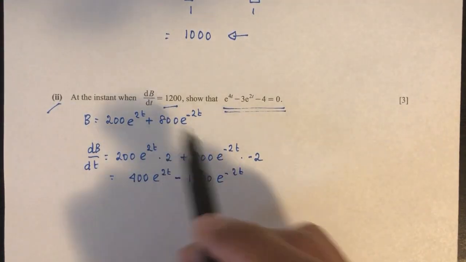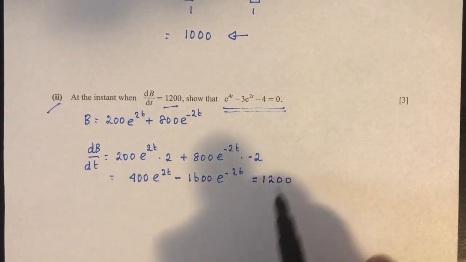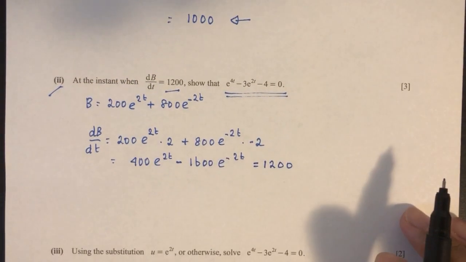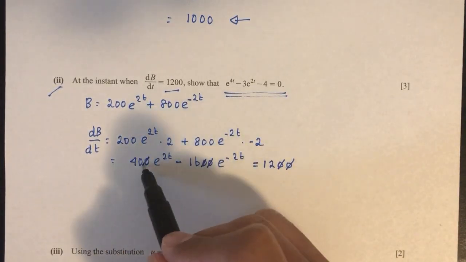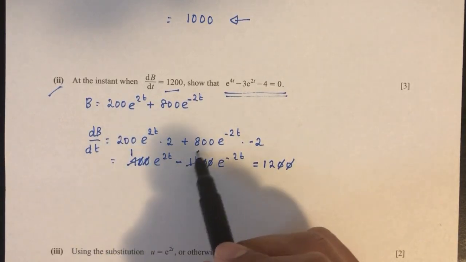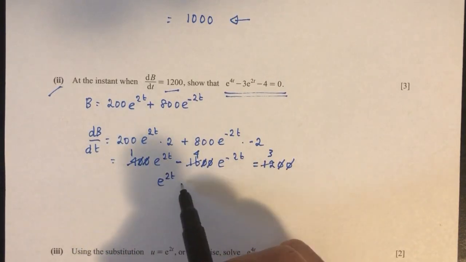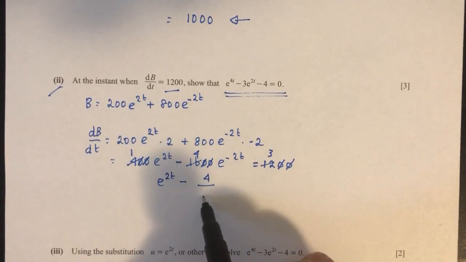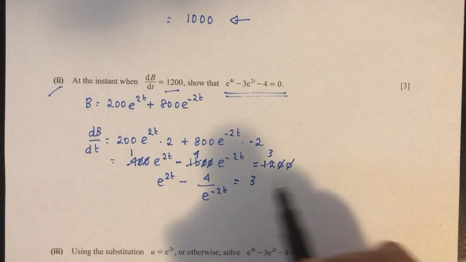Now we have to equate this to 1200. So we can simplify, the zeros go away. Divide by 4, we have 100, 400, and 300. So we have e^(2t) - 4/e^(-2t) equal to 3.